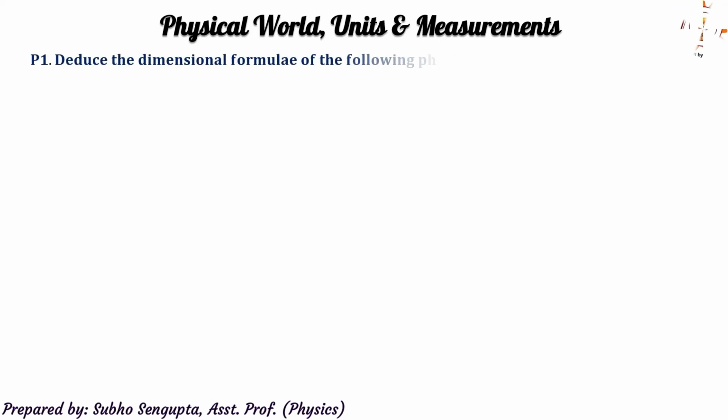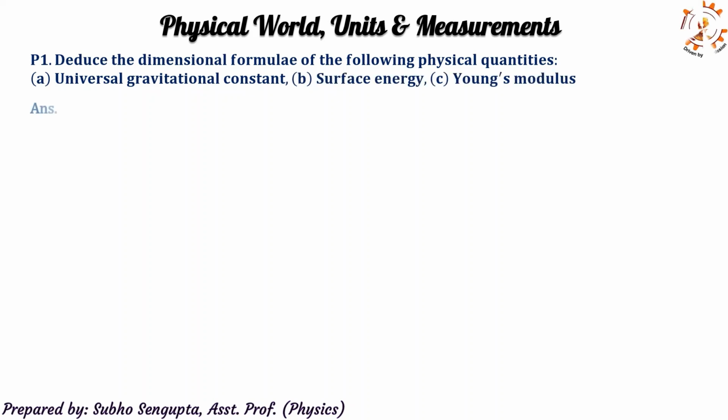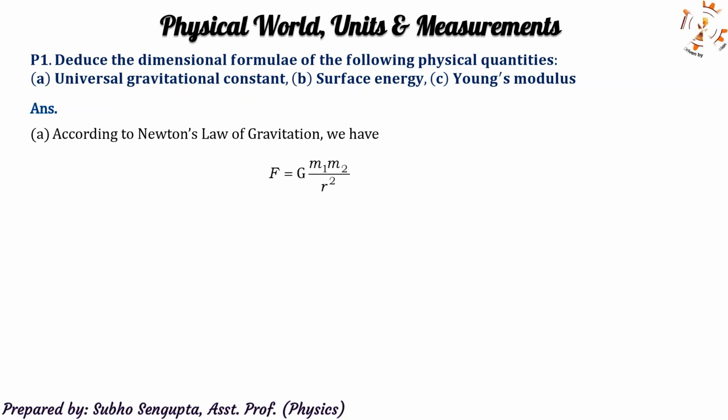In our first problem, we need to find the dimensional formulae of three different physical quantities, namely, universal gravitational constant, surface energy, and Young's modulus. To determine the dimensional formula of universal gravitational constant, we will refer to Newton's law of gravitation. According to this law, the force between two point masses m1 and m2, separated by a distance r, is given as F equals capital G times m1 m2 divided by r square.